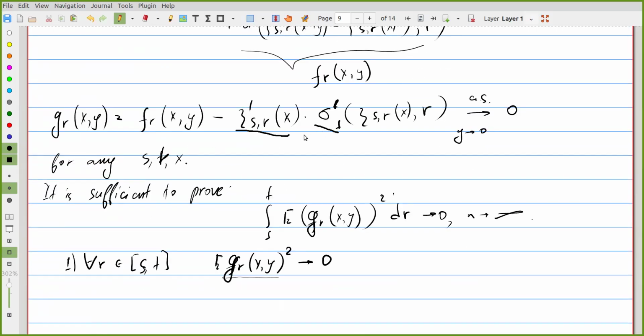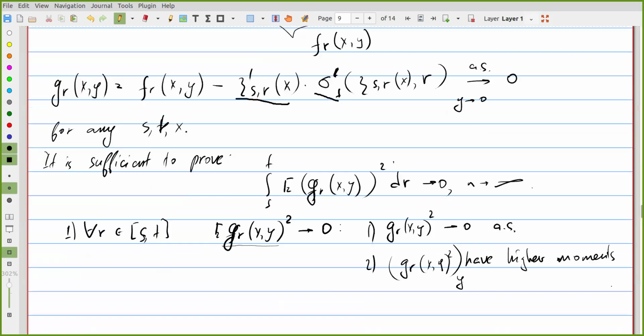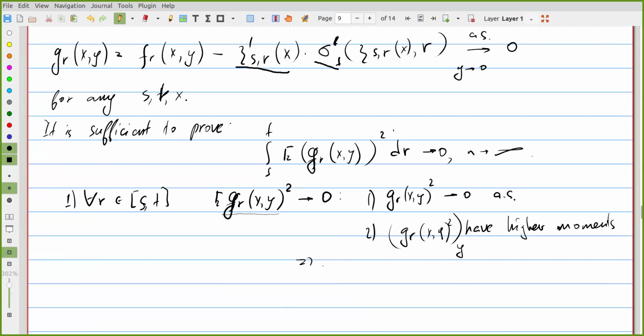This is the limit of well-bounded expressions, so they have higher moments. It is zero almost surely, and g_n(r,x,y) squared, as a family with respect to y, have higher moments, and if they have higher moments, they are uniformly integrable.